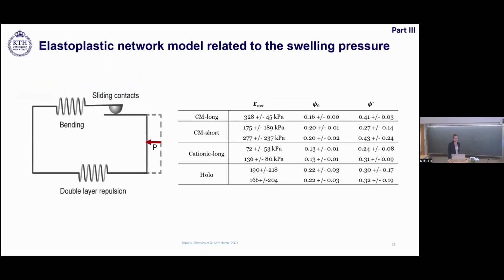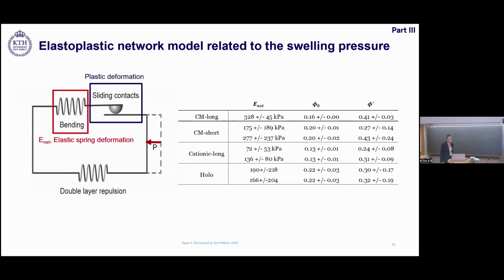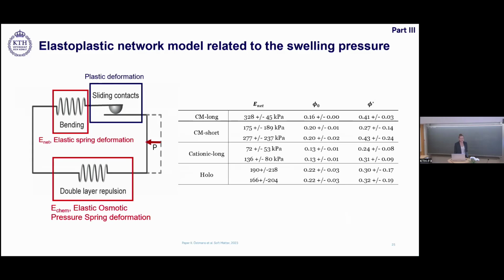And to describe these network structures, we again developed an elastoplastic model. And we still, in this model, have our elastic deformation corresponding to the bending of our fibrils, and we still also have the plastic deformation corresponding to the sliding of contact points. However, now, since we still have the charges in our system, we also need to have an elastic deformation corresponding to the osmotic pressure.